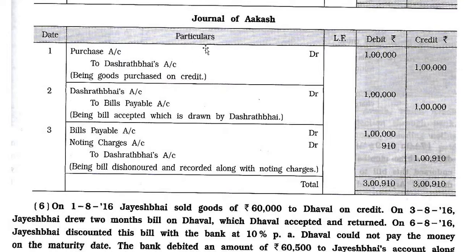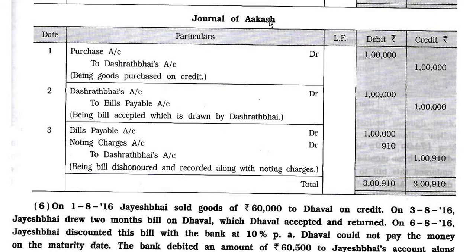Now Dasrath Bhai drew the bill, and for Dasrath Bhai it is a bills receivable, but for Akash it is bills payable. So Dasrath Bhai account debit to bills payable, being bill accepted which was drawn by Dasrath Bhai. Dasrath Bhai is the drawer of the bill and always the drawer is a creditor.